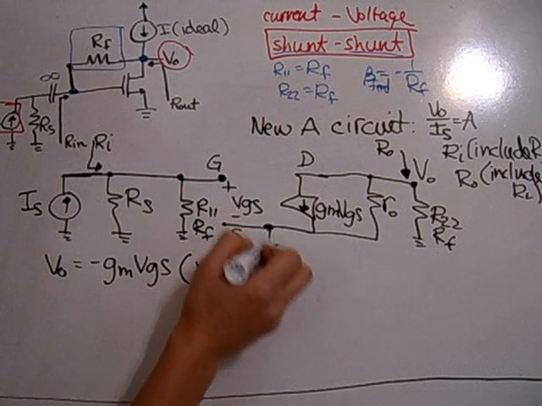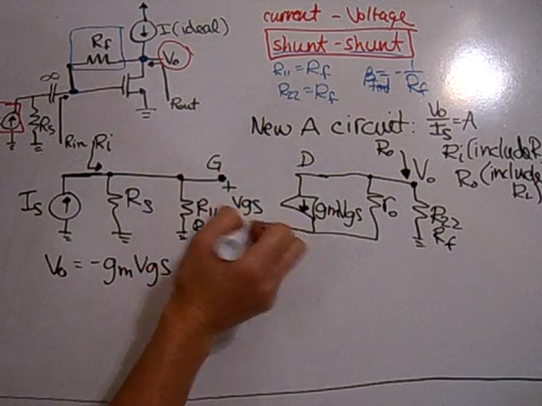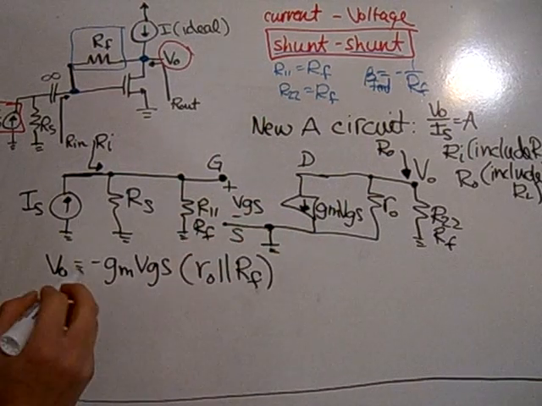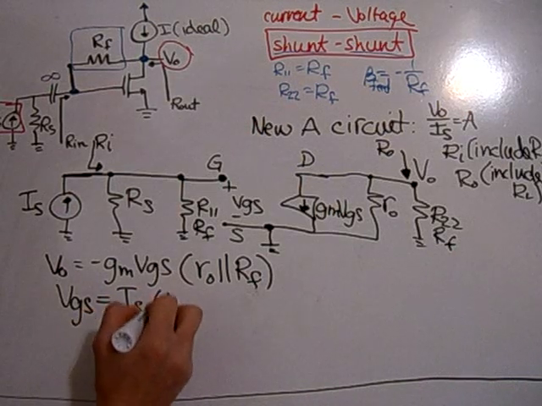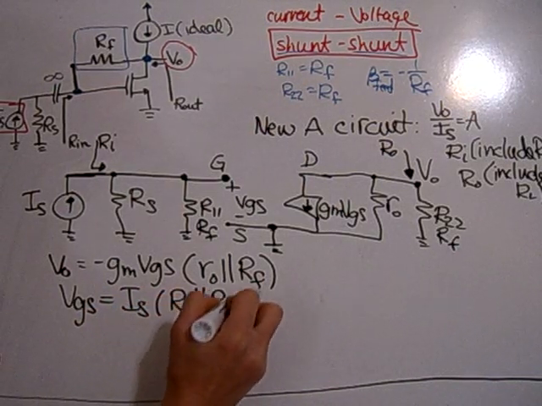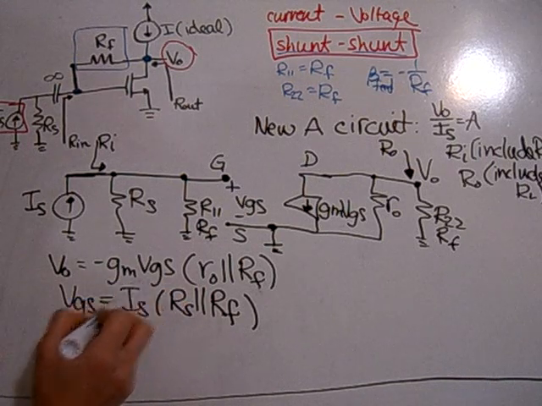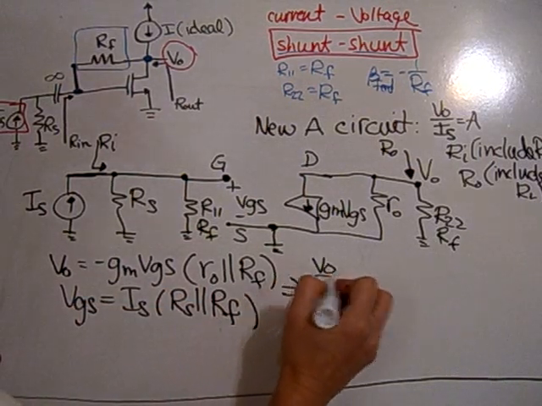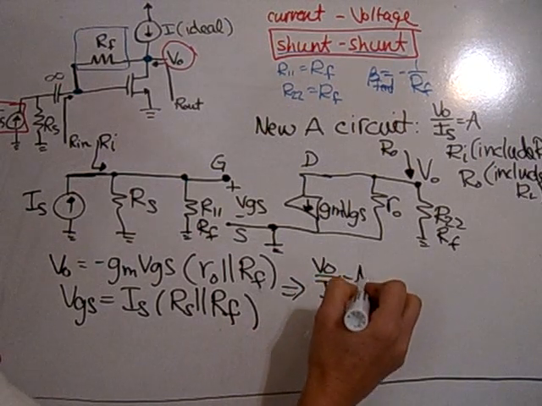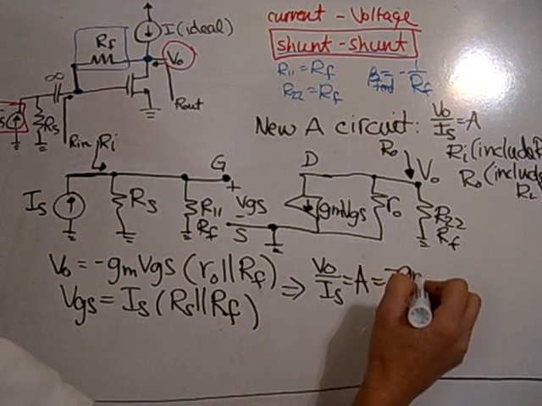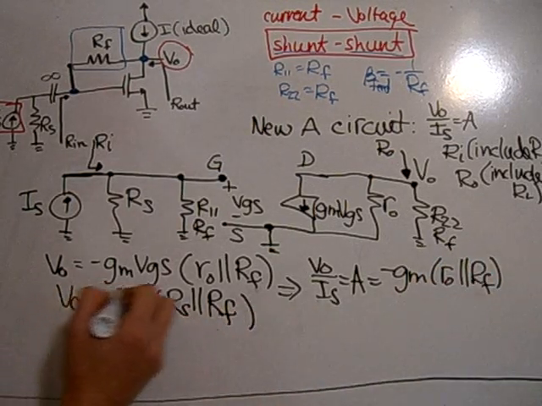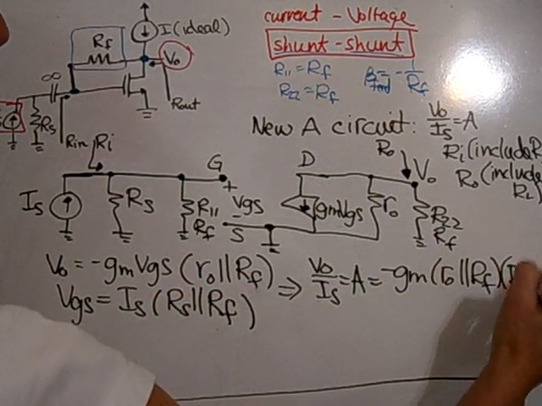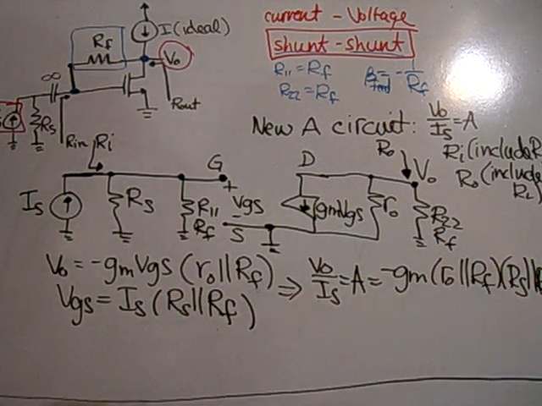Remember that if it's not, you also have to find the VS value and get VGS, which is VG minus VS. So VGS in this case was IS times RS in parallel with RF. And I can plug that in here and then divide by IS to get V0 over IS, which is my A, as a minus gm, RO in parallel with RF, times RS in parallel with RF. So now I have my A value.